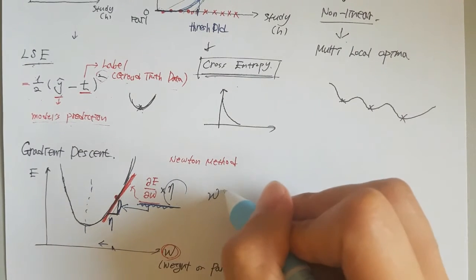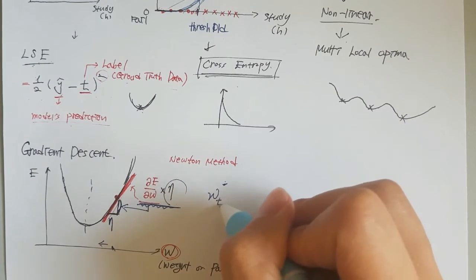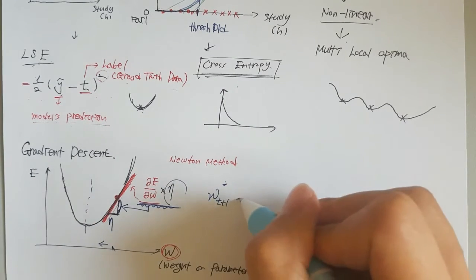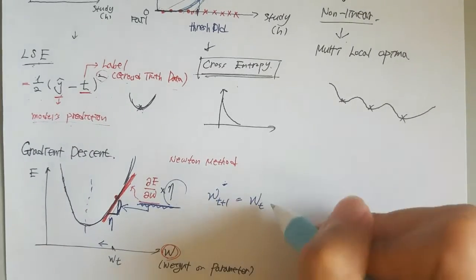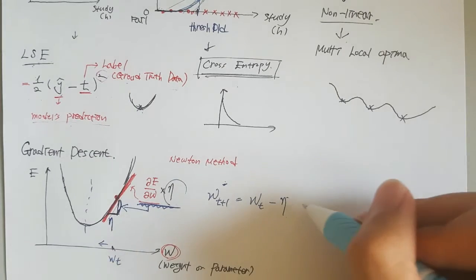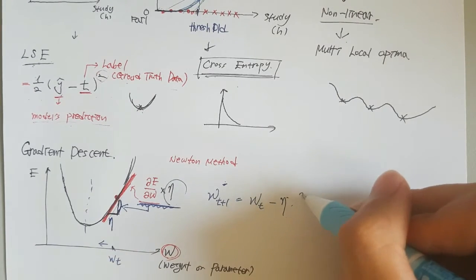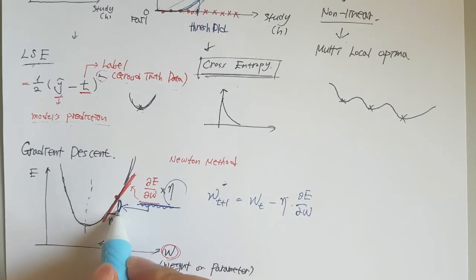So we will say our future weight, the next iteration's weight, will be current weight here minus some coefficient, some constant, and multiply ∂E over ∂W. Then we will move toward this amount.